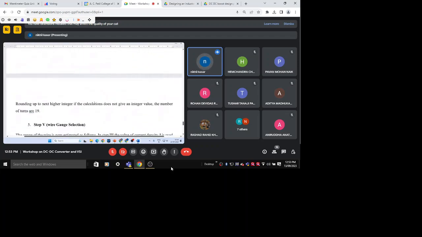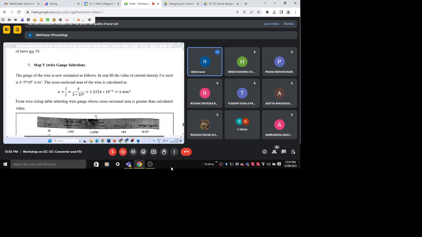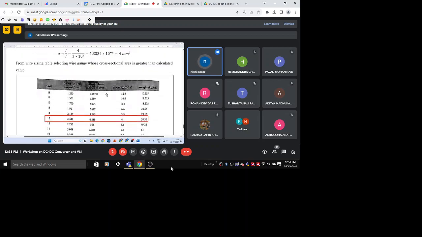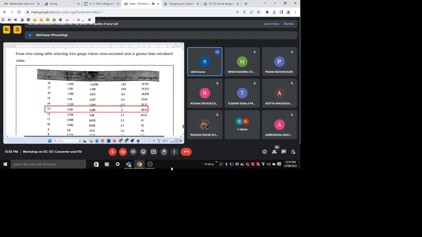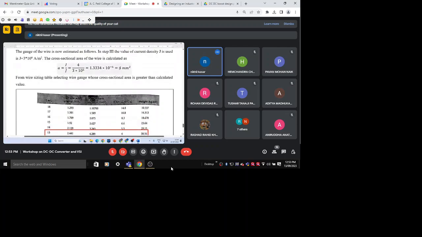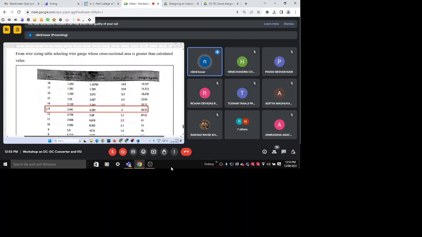In a similar manner, we have to use now the wire table. How much area are we calculating? 1 millimeter square. The value यहाँ पे कौन सी है? Because it is better to take a higher value, we are selecting which gauge? SWG value is 13. Okay. 4 mm².